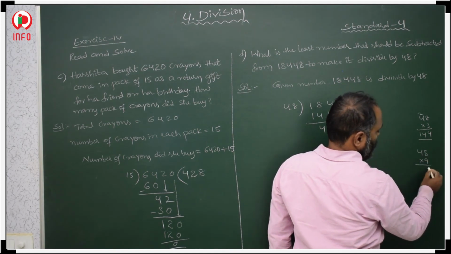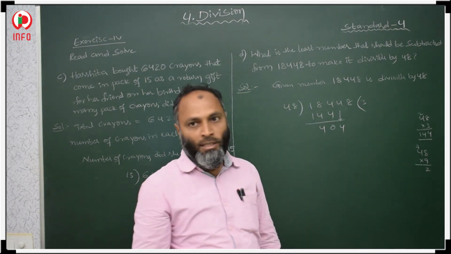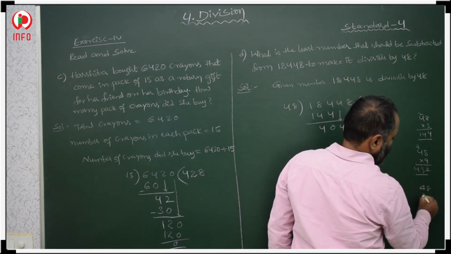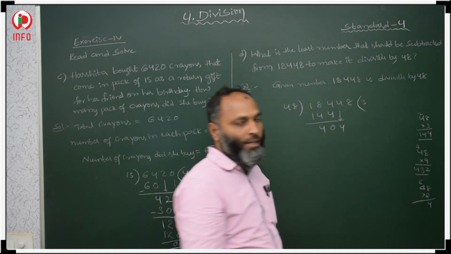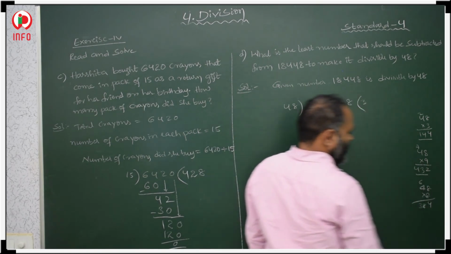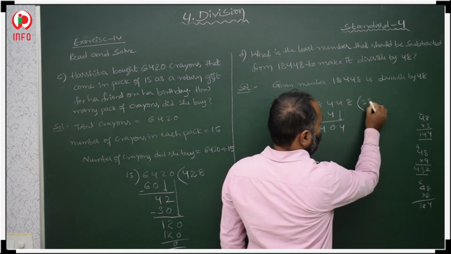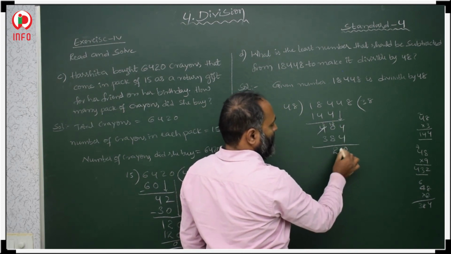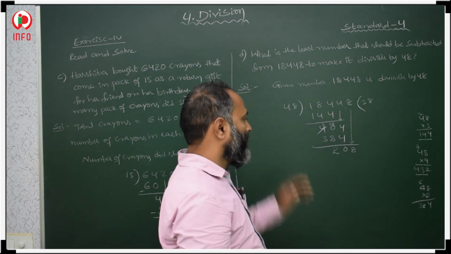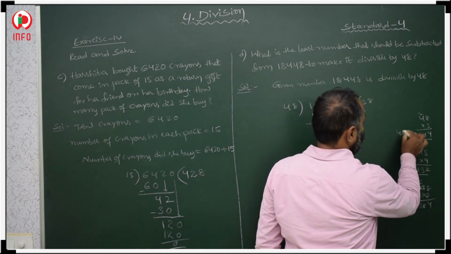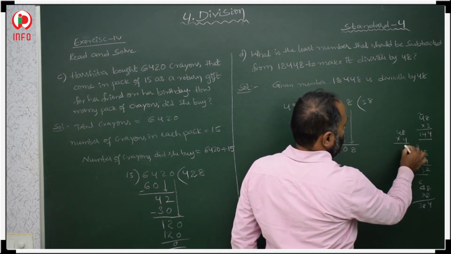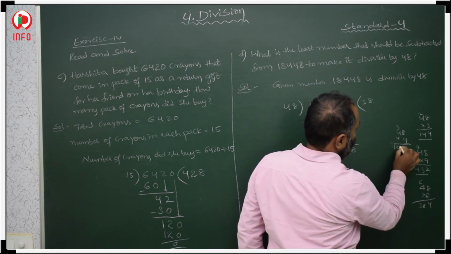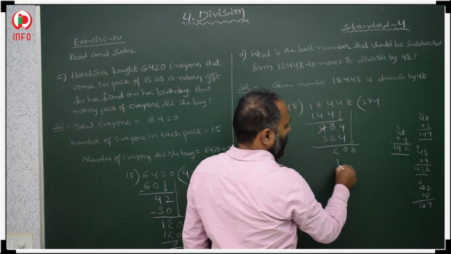Then 48 8s are 384. Now take 8, 208: 48 4s are 192.